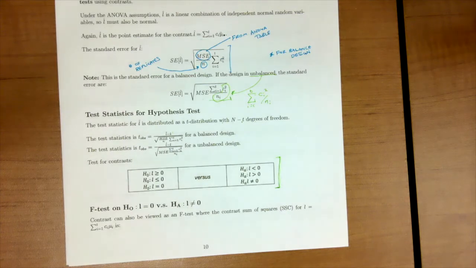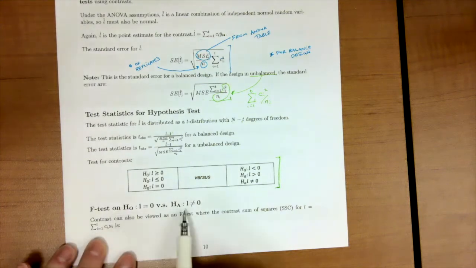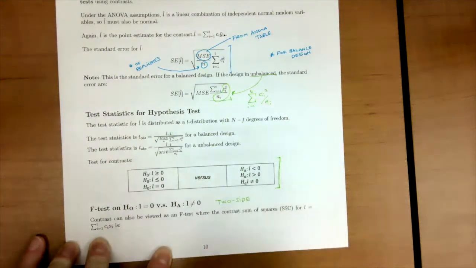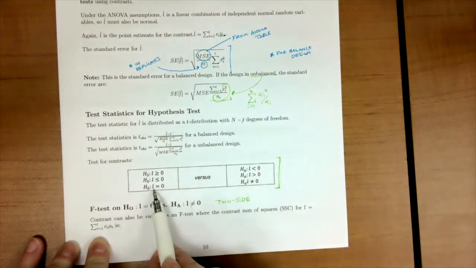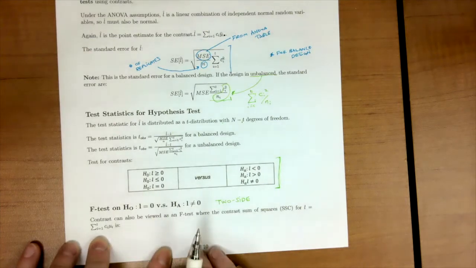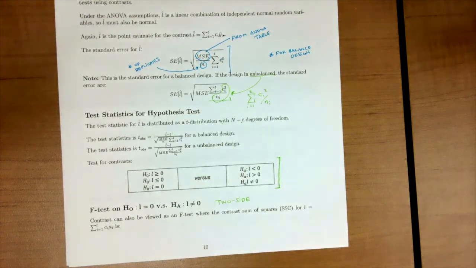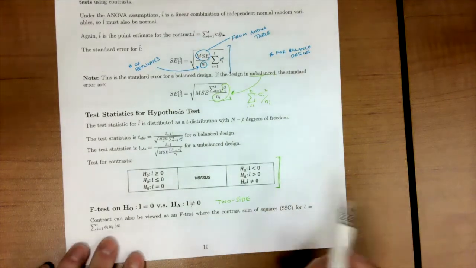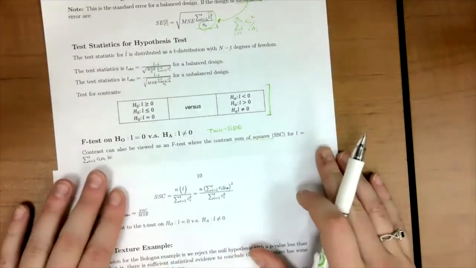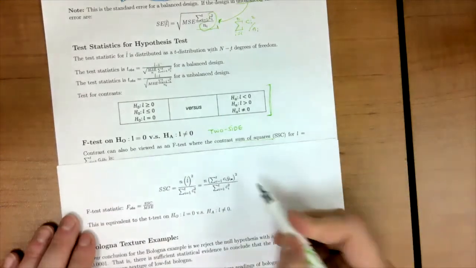Another way we can look at constraints is through an F-test. Here's the thing though, F-test is only for two-sided. Okay, so a two-sided t-test will be equivalent to an F-test. And how you end up doing that is you find your constraint sum of squares for L, which will look like this.